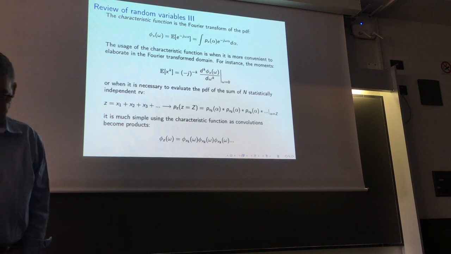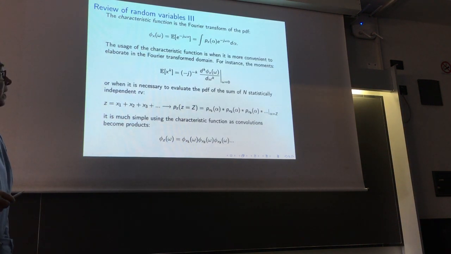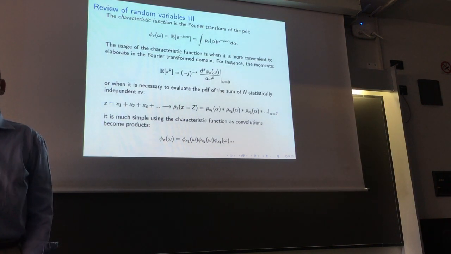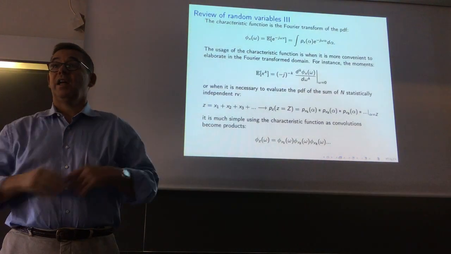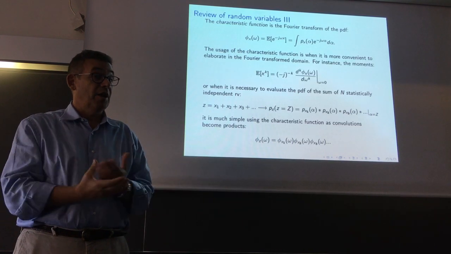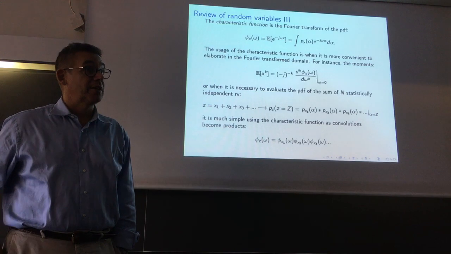Now, the second part, additional: I can define the Fourier transform. Since the probability density function is a function, I can calculate its Fourier transform, and then I give a name to that.